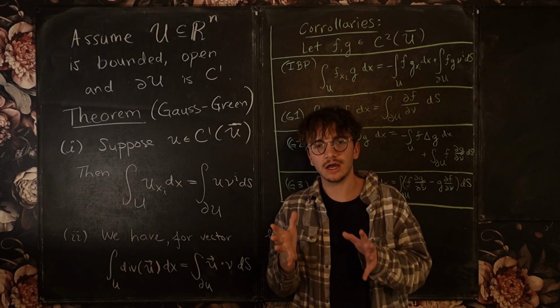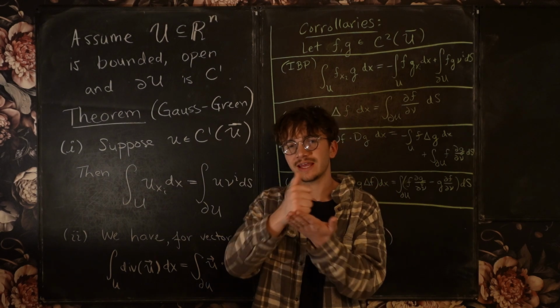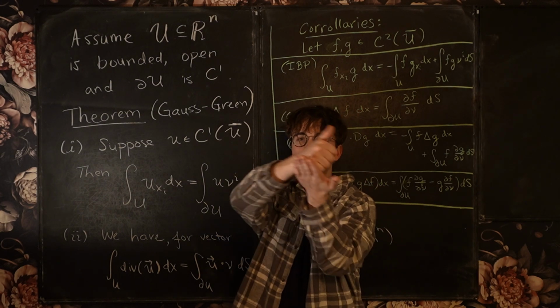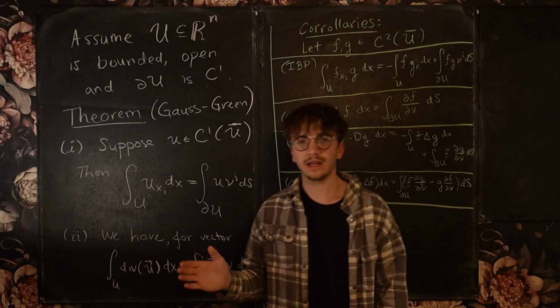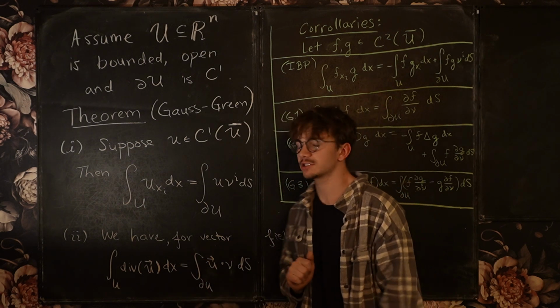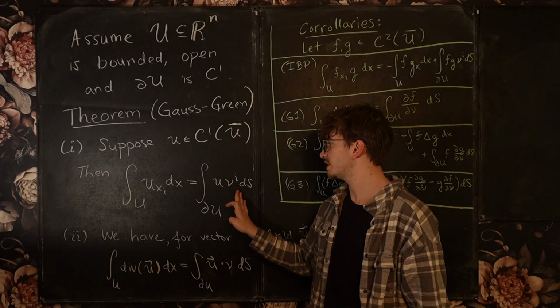So the vector that's orthogonal to the tangent plane to the surface at every point. Okay, and I'll draw a picture of this in a minute so you can understand a little bit more of the geometry here.